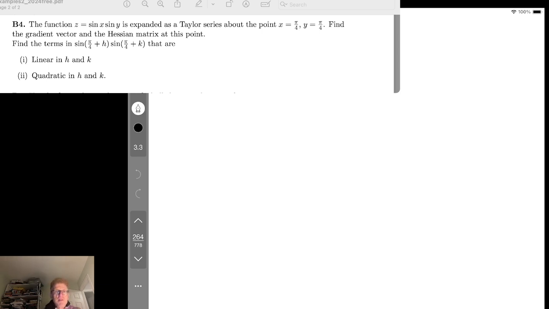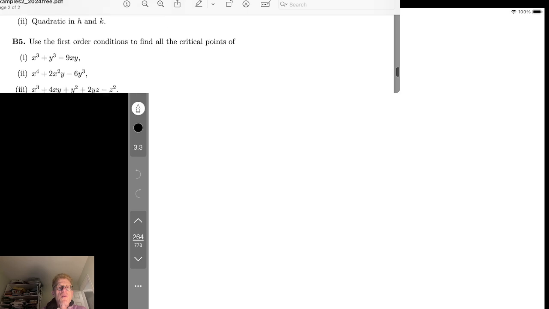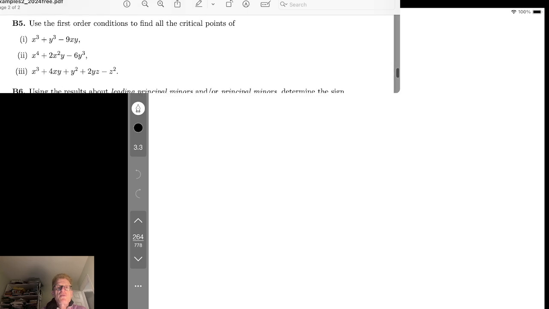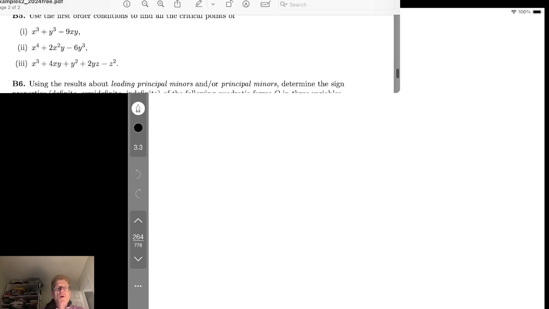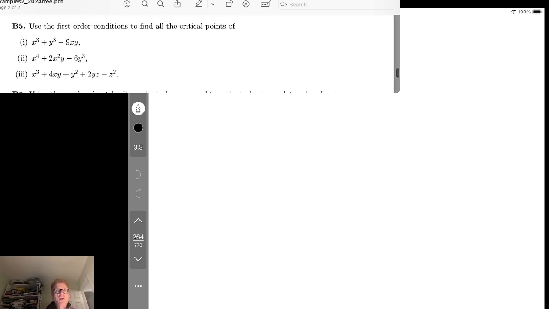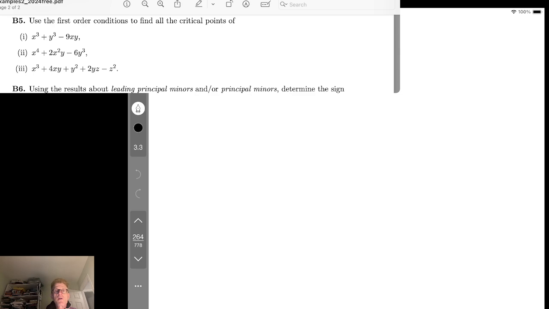Let's look at B5. Use first order conditions to find all the critical points of the 3 given functions. So what are the steps for all of them?